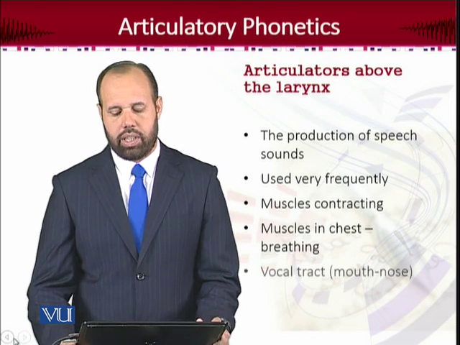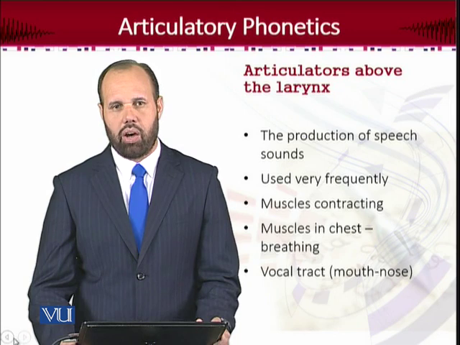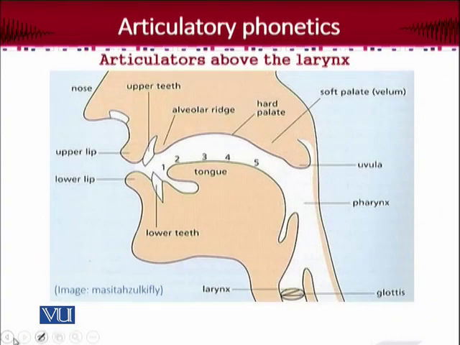Right? Let me take you to the vocal tract, to show how those articulators are used and what their functions are. So I'm taking you to the articulators which are above the larynx. We know that the larynx, which is the sound box, is very important because it creates vibration. And this vibration is important for various processes, but two are highly important: to create voiced sounds and voiceless sounds.